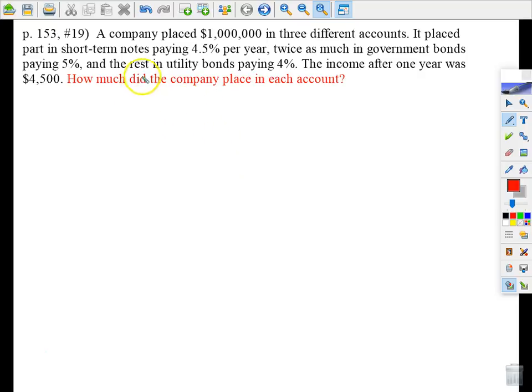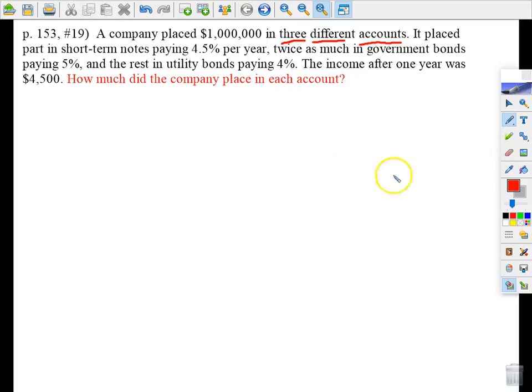So number 19 again, we're investing in three different accounts. And the ultimate question here is how much did we place in each account? So just think of it this way: whatever the question is asking for, we need a variable that represents each of the parts of the question, which in this case means a variable for each of the three accounts.